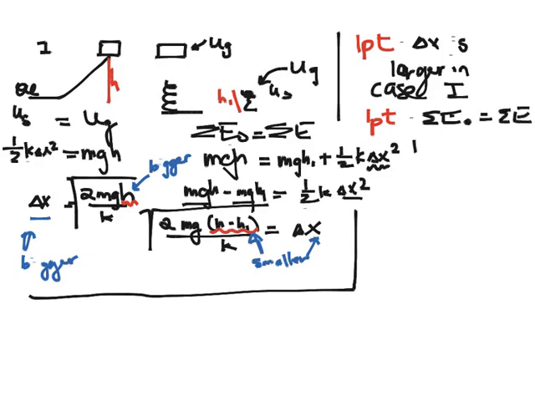Okay, but you have to write this out in a sentence. You get 1 point for explaining that in trial 1, the object has Ug at the beginning and Us at the end. So you're sort of saying, for trial 1, and you're stating this in words, Ug at the beginning is equal to Us at the end.